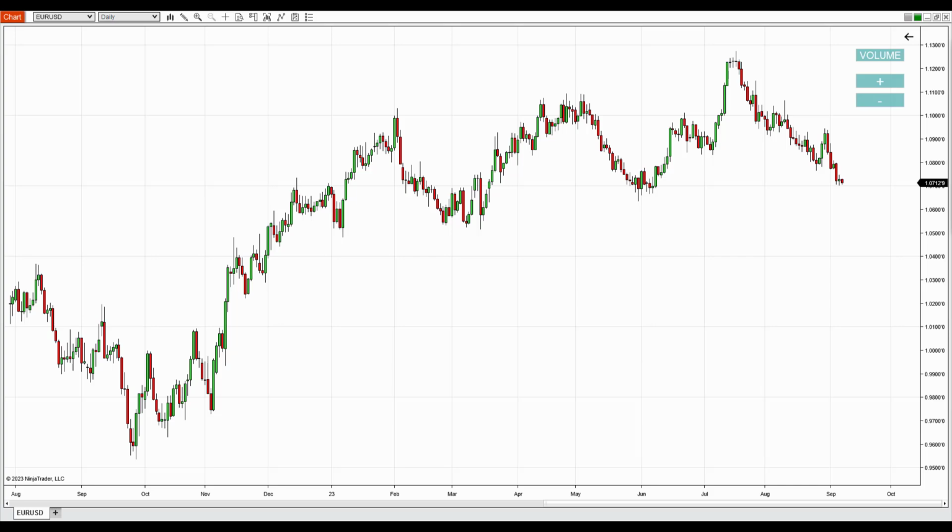And since then, I've gained confidence in this pattern because I've seen it working over and over again, and I've been trading it on a real account for the last couple of years. So I've gained confidence in trading the pattern, and that's why I'm going to show you how it works today.